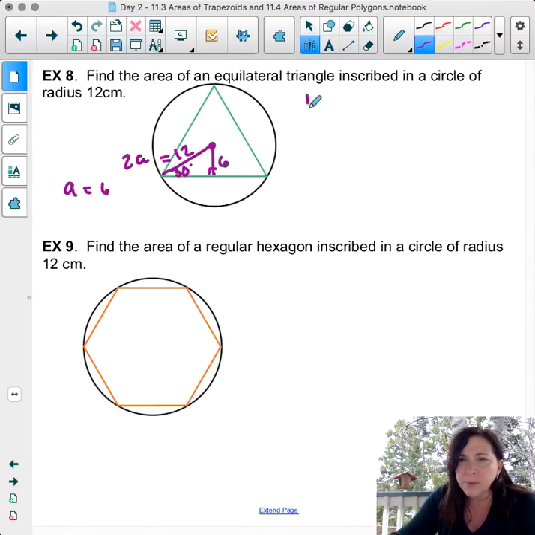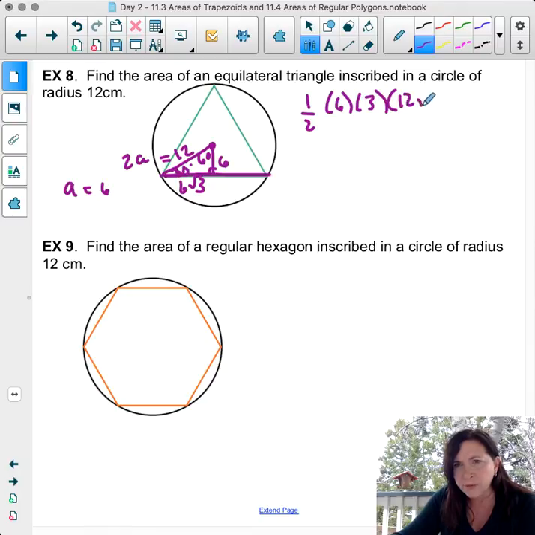So 1/2 a, 6, number of sides, 3, length of one side. Across from the 60 is 6 root 3, but the length of one side is going to be 12 root 3.